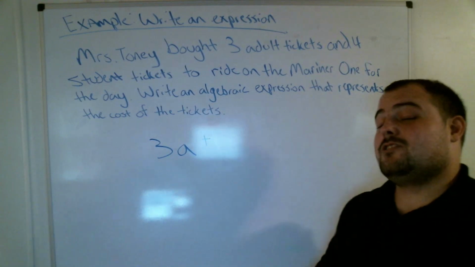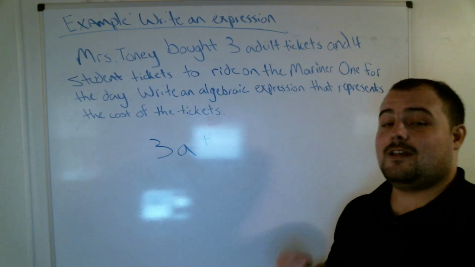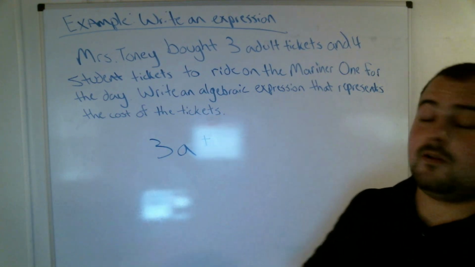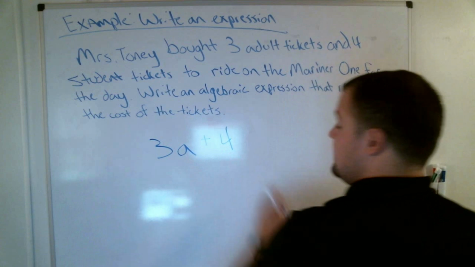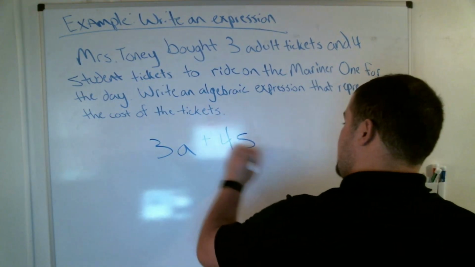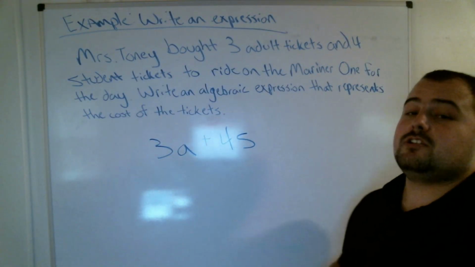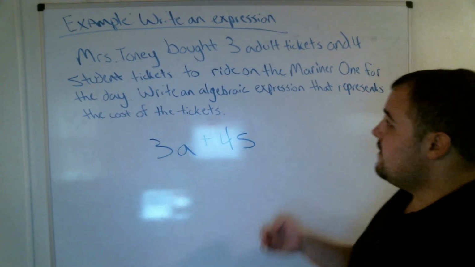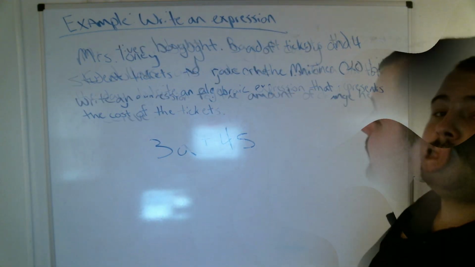Chances are that student tickets are different than adult tickets, so instead of using the same variable A, we have to use a different variable. So I'm going to use 4, because that's how many tickets I got, but I don't know the price, so I'm going to use S for students. So 3A plus 4S would represent the total price that Mrs. Tony would pay to ride the Mariner 1.